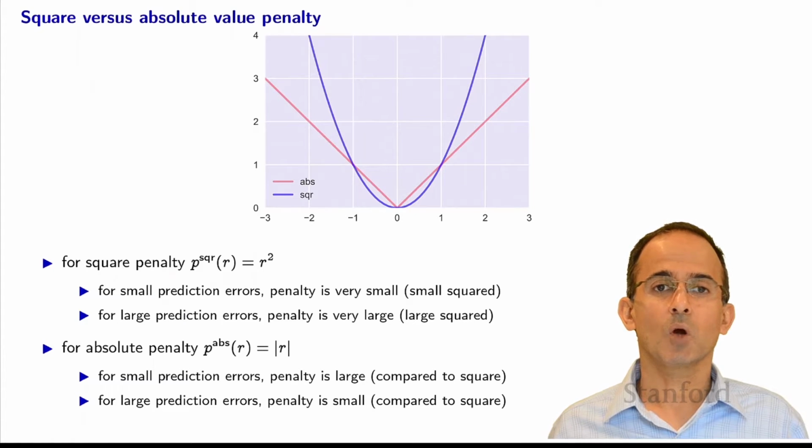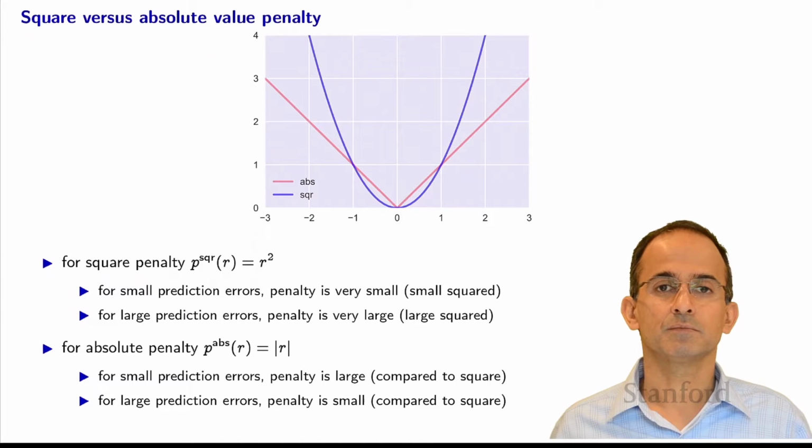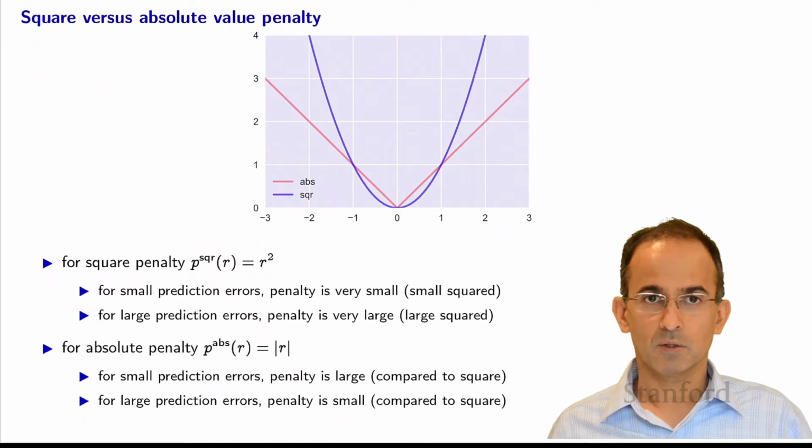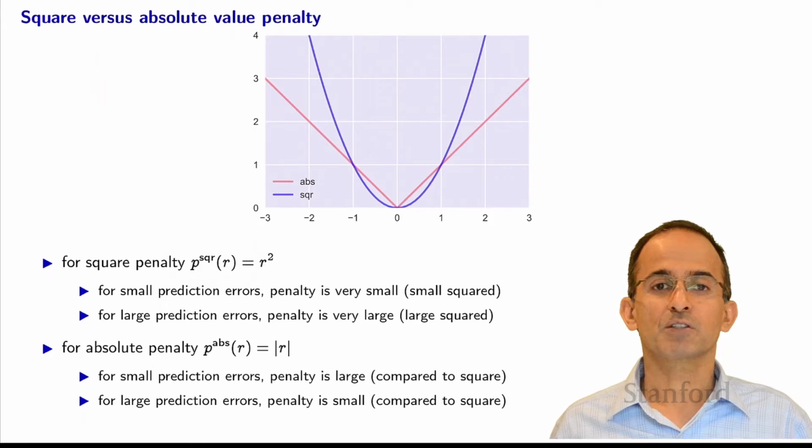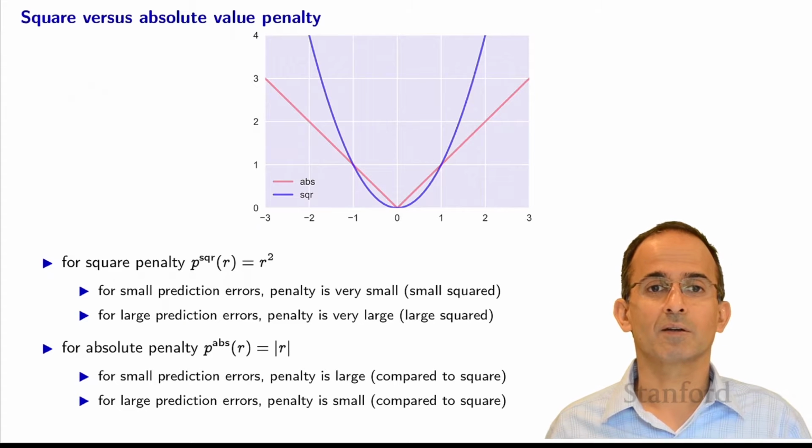Let's look at two common penalty functions. Here is the square penalty function versus the absolute value penalty function. When we're using the square penalty, that's p(r) equals r squared, when the prediction error is very small, then the penalty is very, very small: small squared.